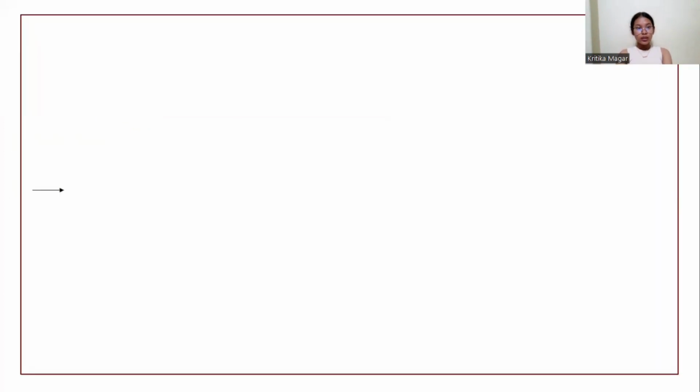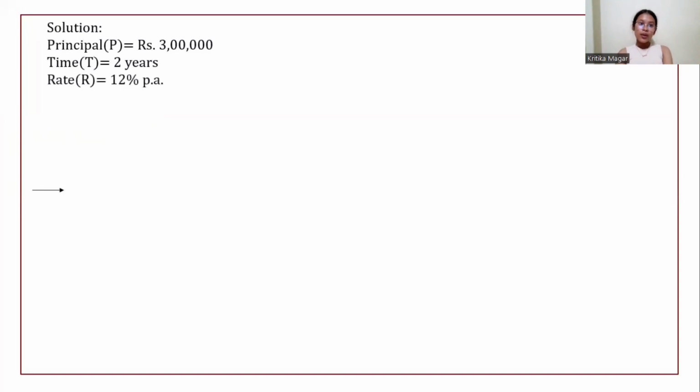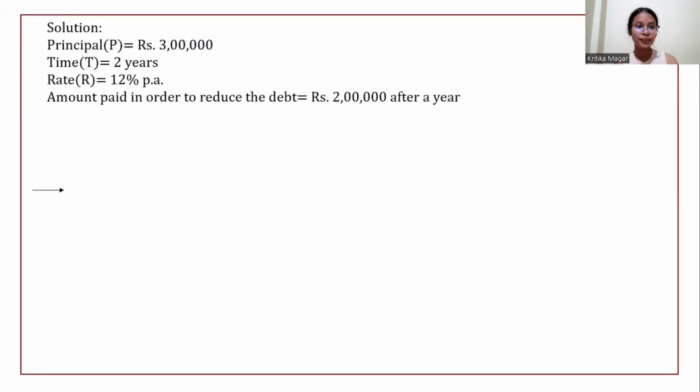So the given is: principal P is equal to rupees 3 lakh, time T is equal to 2 years, rate R is equal to 12% per annum.